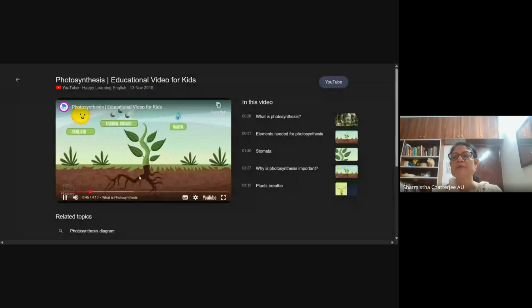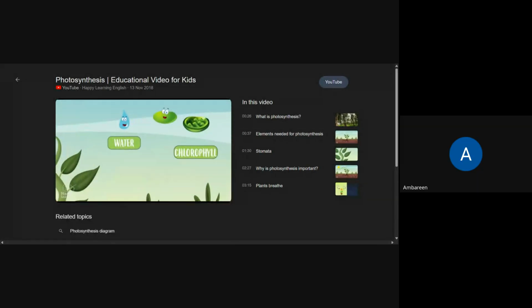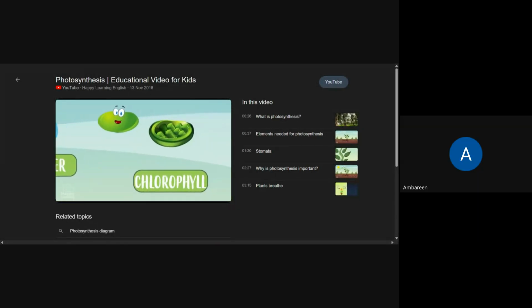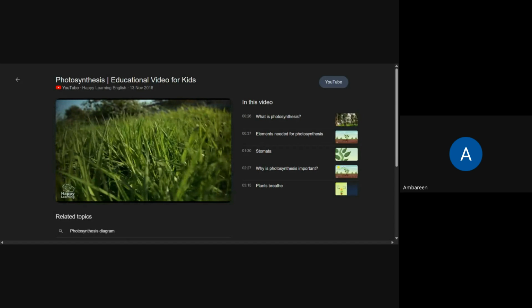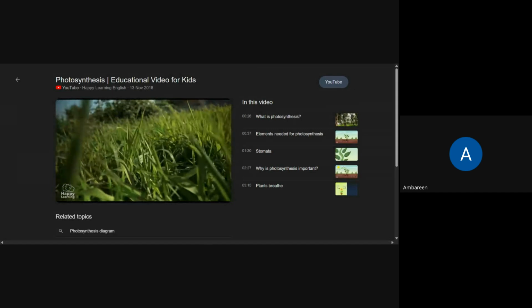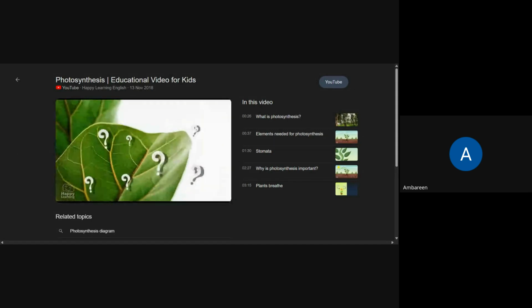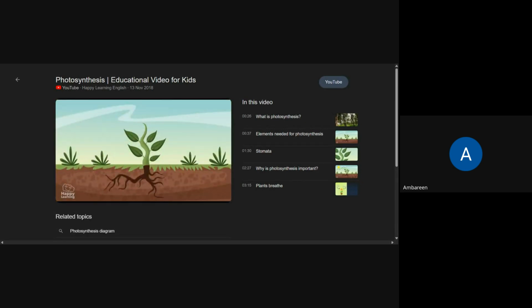Chlorophyll, which is a green substance that all plants have and is fundamental for performing photosynthesis, since it could not happen without it. By the way, chlorophyll is what gives all plants their green colour. But how does photosynthesis take place? Look at this plant! As you can see, its roots are anchored to the ground.